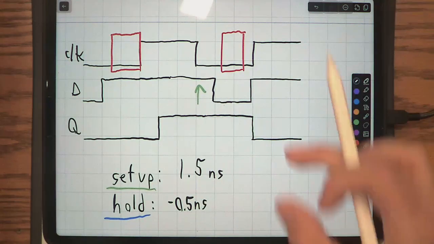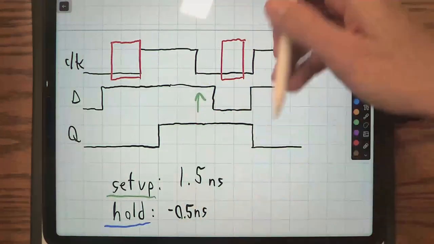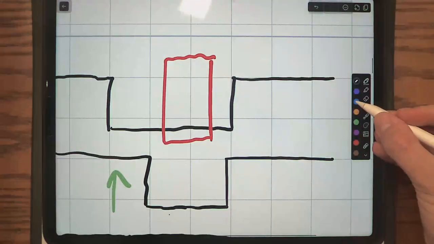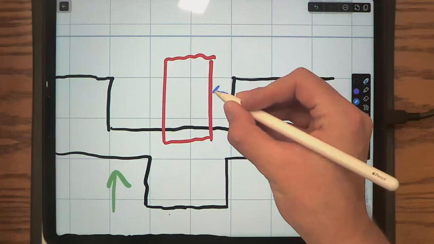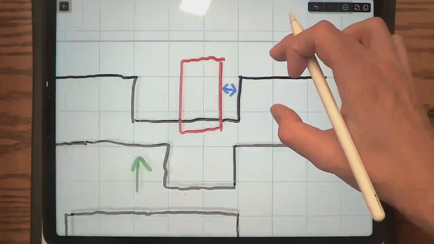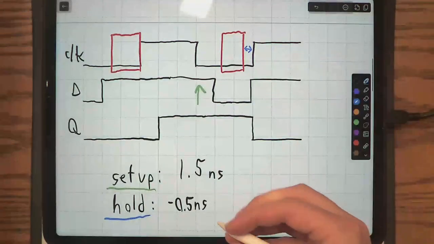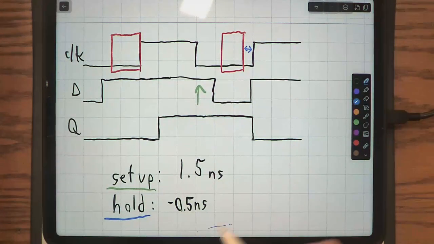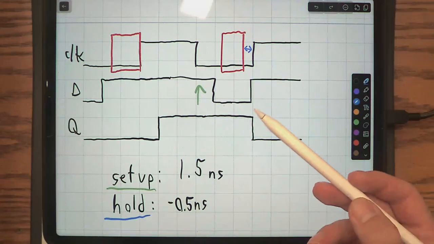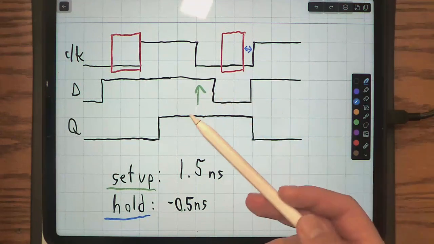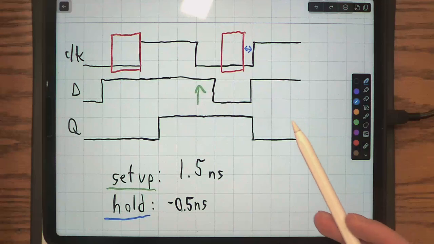It's negative 0.5 because that's how early, before this clock edge, that right there is 0.5. And then for D, it has to remain 0 because Q is 1 for the setup time.